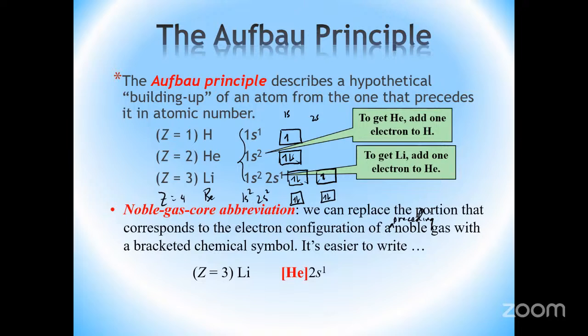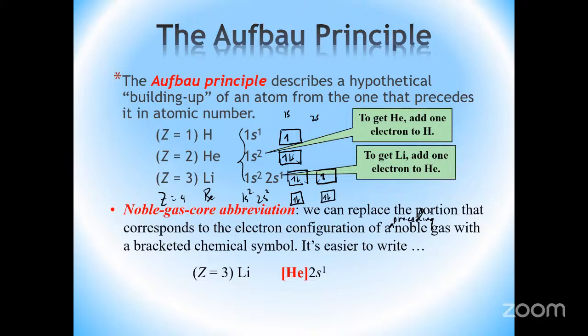The preceding noble element before lithium is helium, and helium has the electronic configuration 1s2. So in the case of lithium, we replace the 1s2 with the symbol of helium within square parentheses, and then we write down the remaining, which is 2s1. This represents the abbreviated version, while this here would be the standard representation of the electronic configuration of lithium.